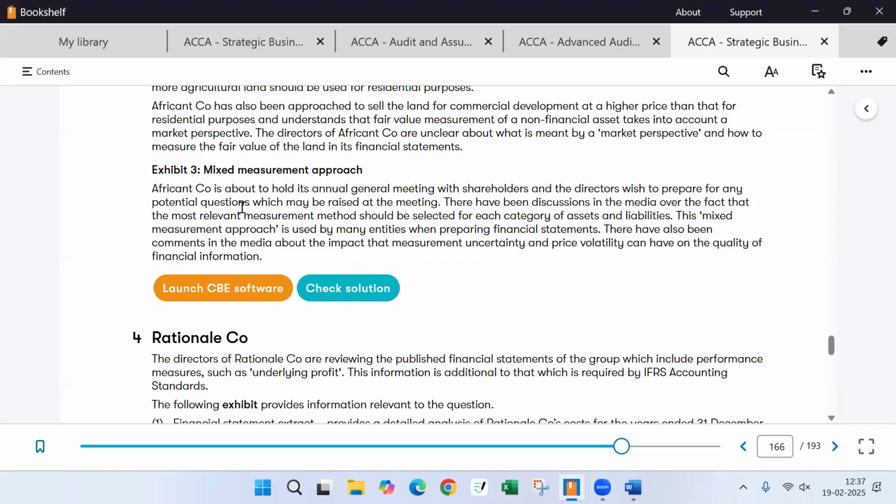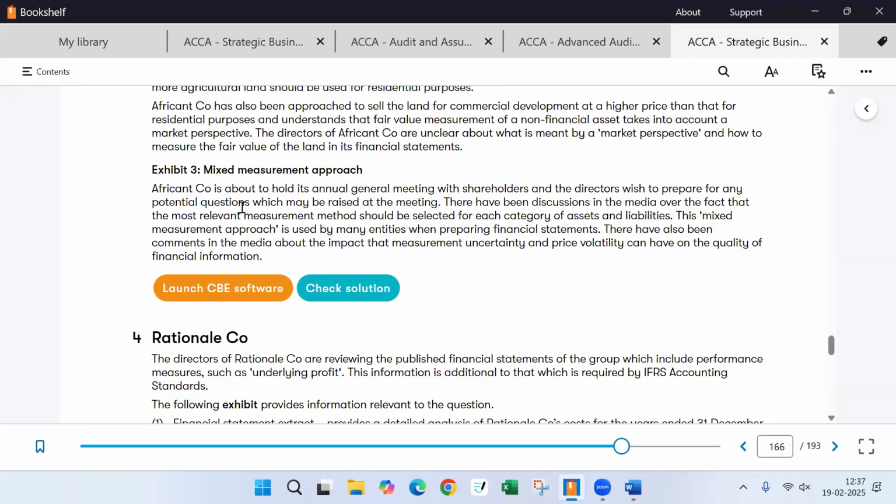So the problems of mixed measurement are outweighed by the greater relevance it achieves. Mixed measurement is used in the most recently issued standards like IFRS 9, IFRS 15, etc. Correct? IFRS 15 applies cost allocation. In IFRS 9, you are allowed to use either the cost or fair value model.